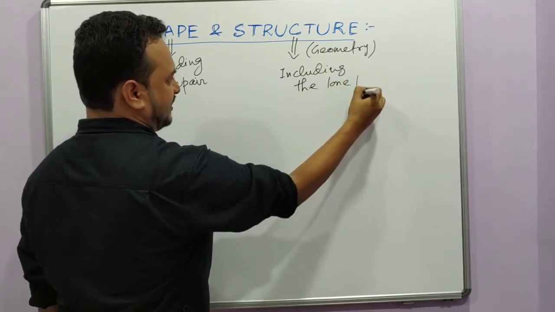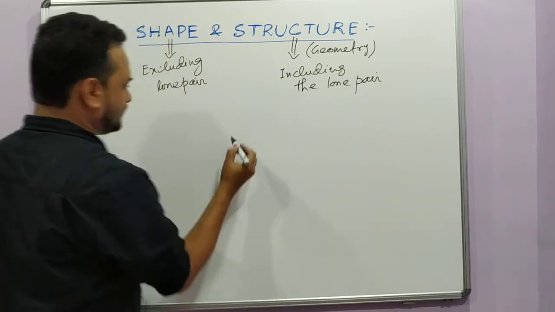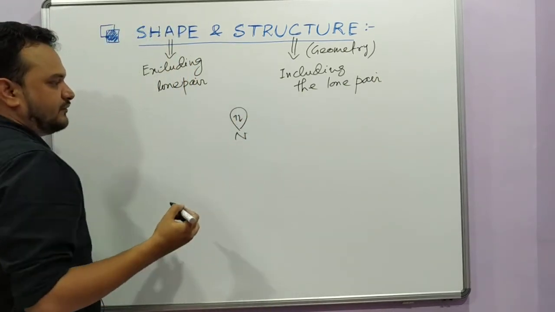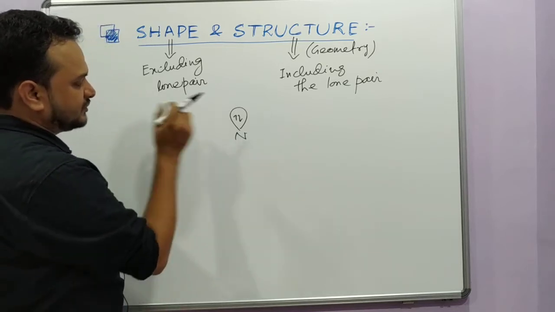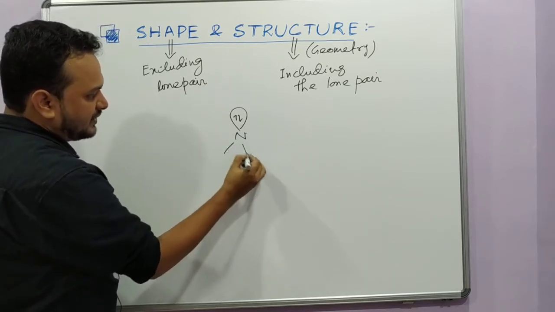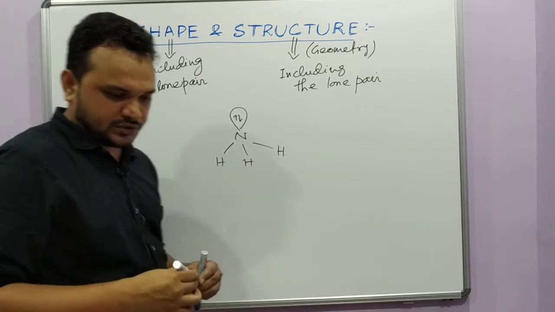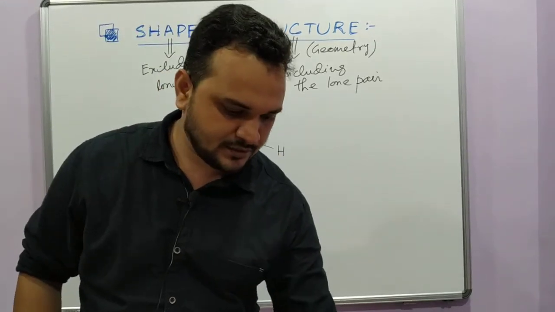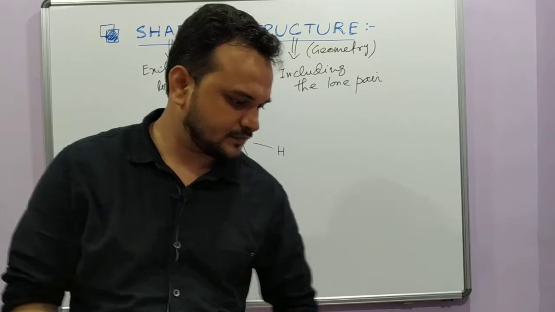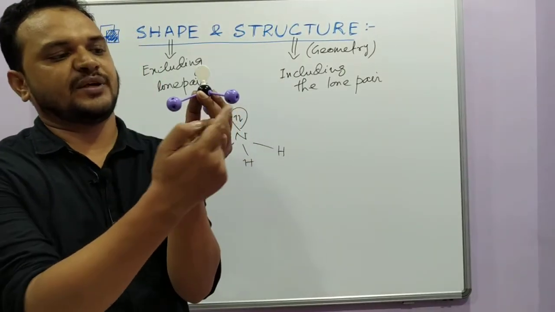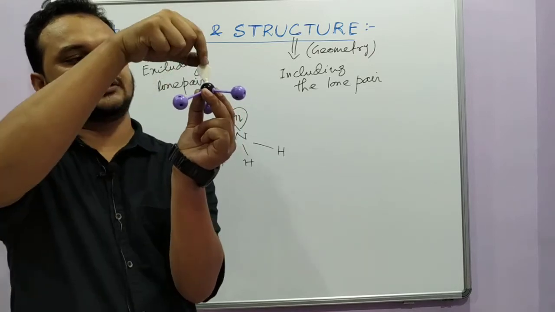We have already seen that in the ammonia molecule, one of the vertices of the tetrahedron is occupied by a lone pair and the remaining 3 are occupied by hydrogen. So it looks like this molecule. If you carefully see, these 3 purples are the 3 hydrogens and this one is the lone pair.